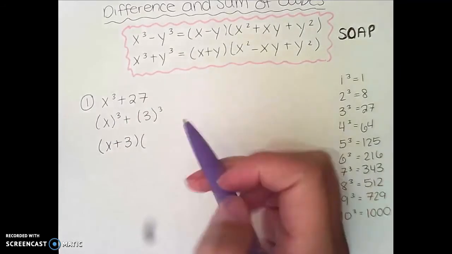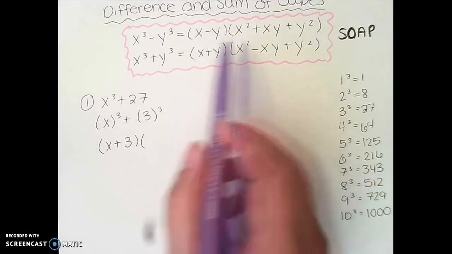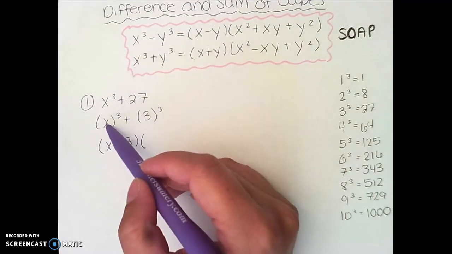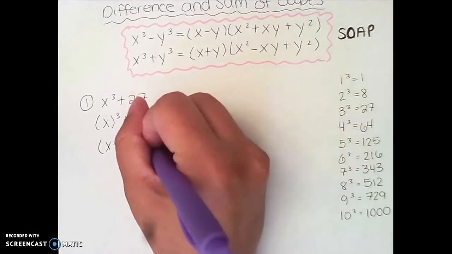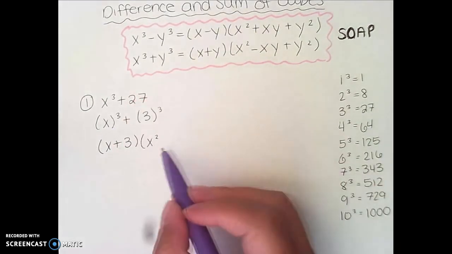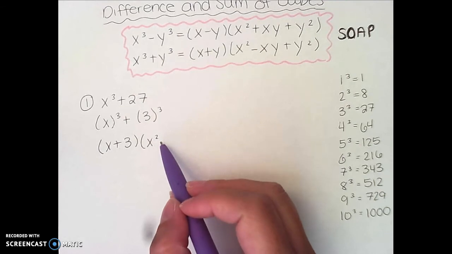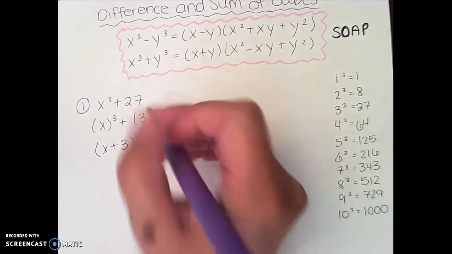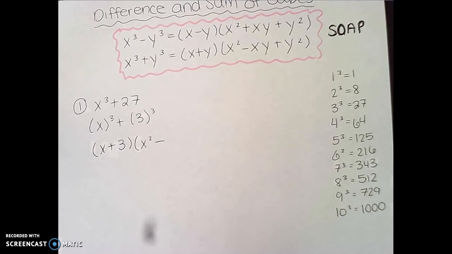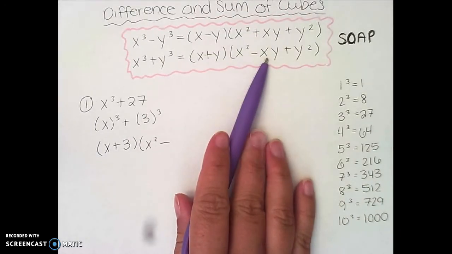Okay, next up, I'm going to have x squared. So that first thing being cubed, I'm going to have x squared. My next sign is going to be the opposite of what I started with, so it's going to be negative, and I'm going to take my x and my y and multiply them together.